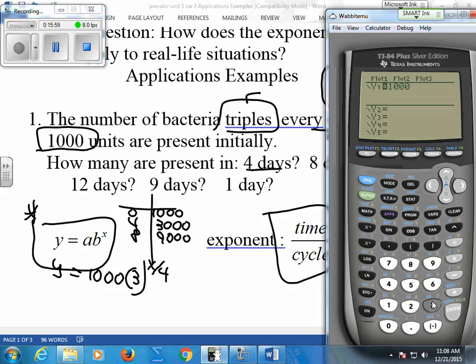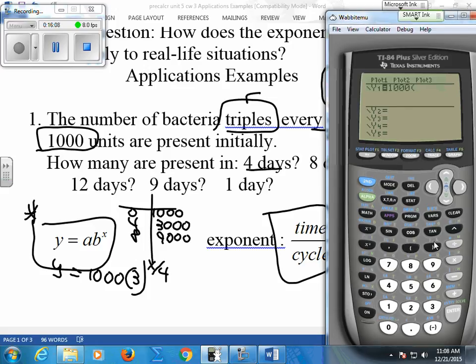We're tripling. Doesn't like my parentheses today. We're tripling, and we're doing this x divided by 4. Every 4 days.